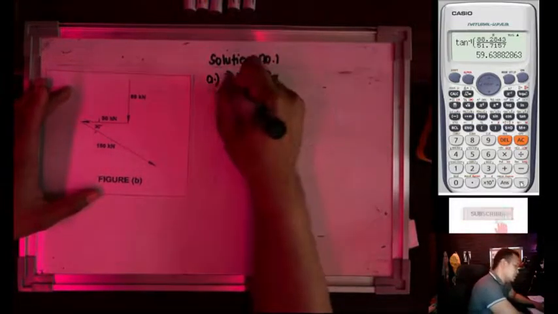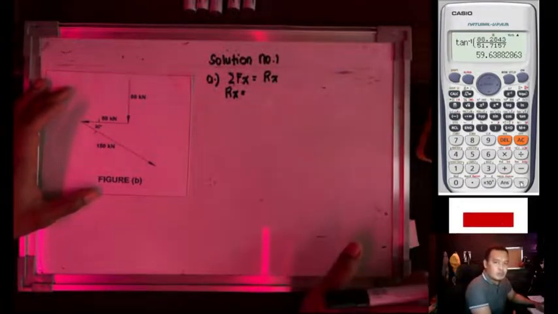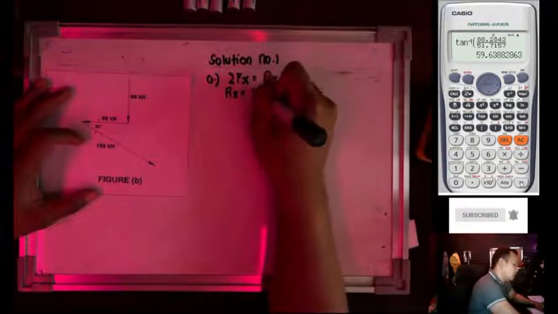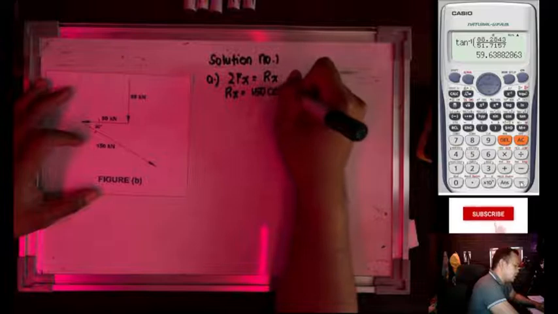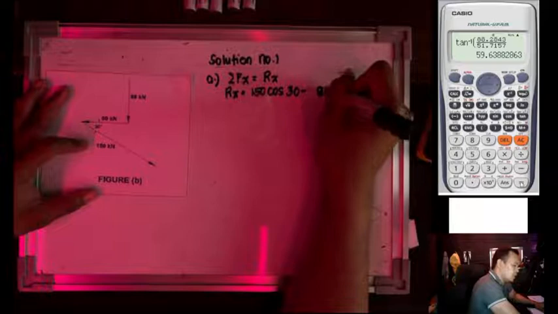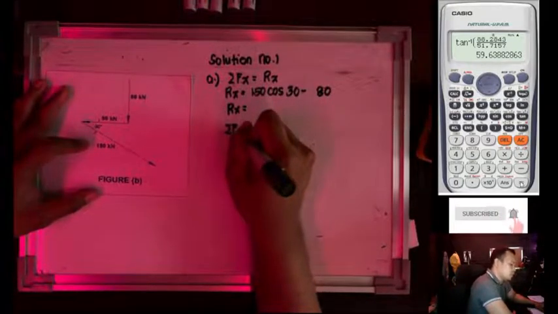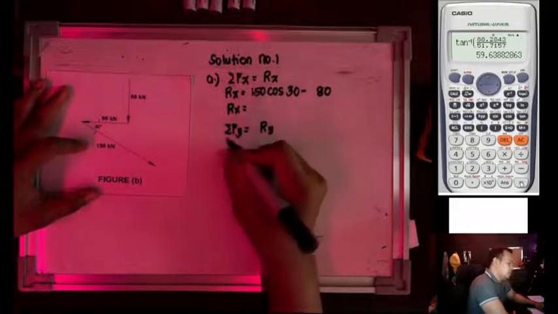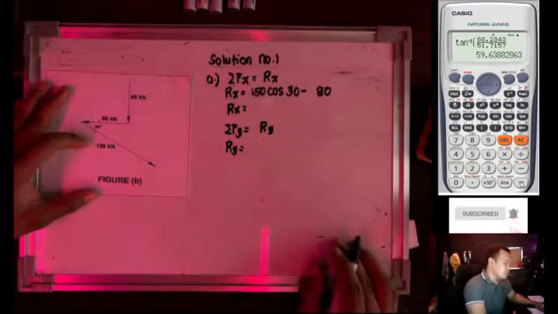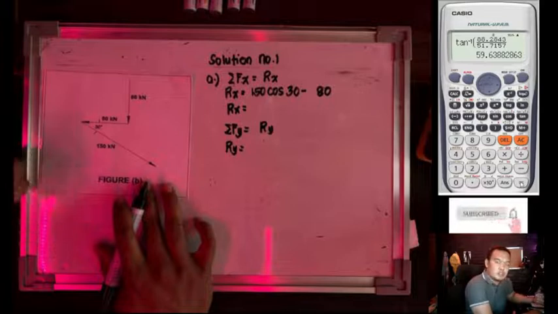So, Rx is equivalent to all the X forces. Let me say going to the right is positive and going to the left is negative. So, 150 cosine 30 minus 80. Then, summation of forces Y is equivalent to Ry. Going down is all negative, so it is all downward, so you don't need to put the sign.